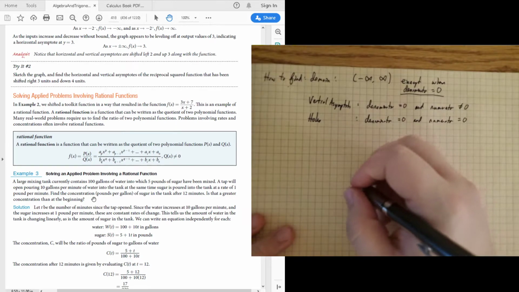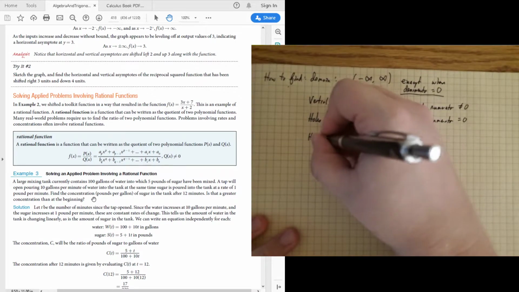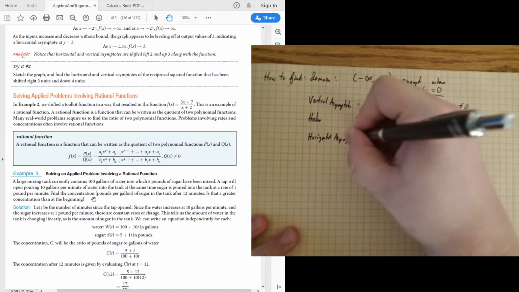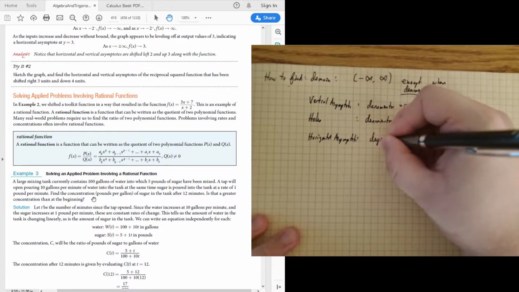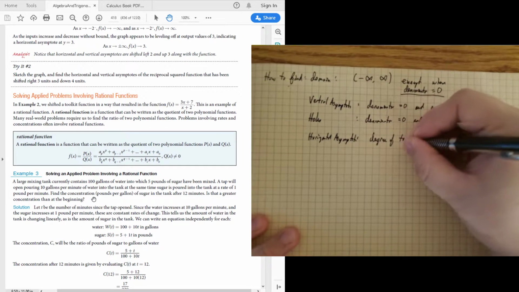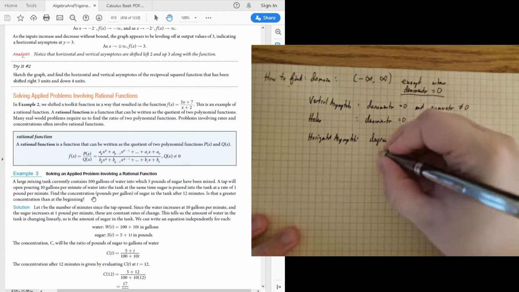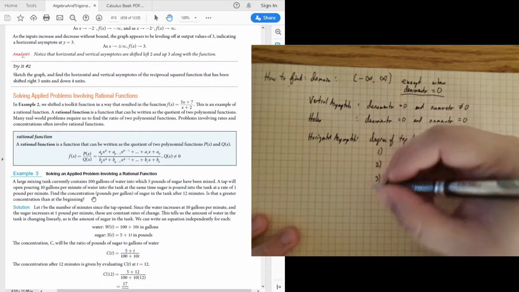How do you find things like a horizontal asymptote? Well, this has to do with the degree. So for the horizontal, there are 3 scenarios.